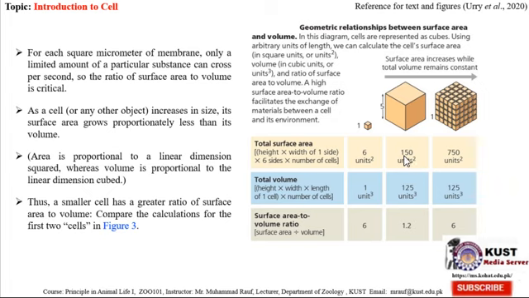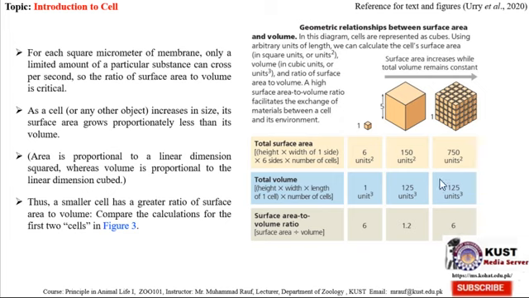And here 150 divided by 125 gives you 1.2. And here 750 is the total surface area, total volume is 125, and if you divide 750 by 125, it gives you 6.